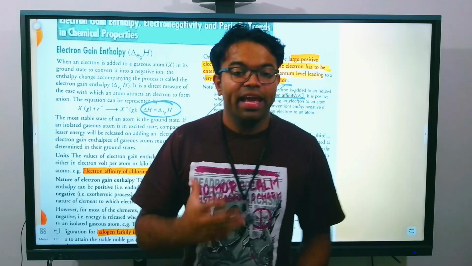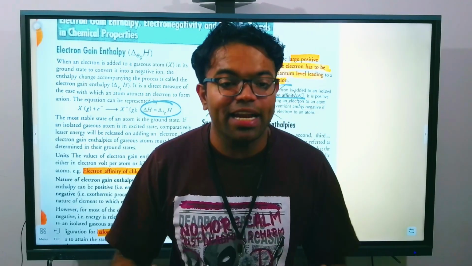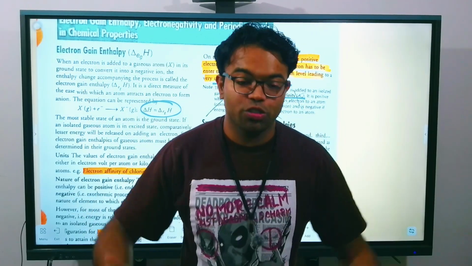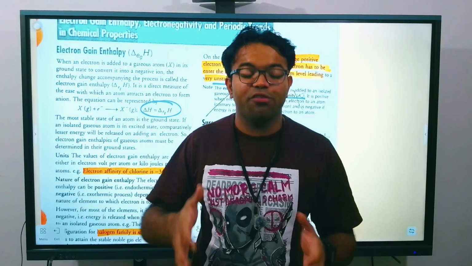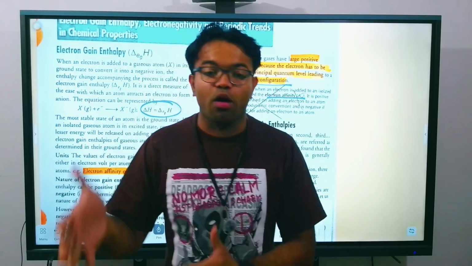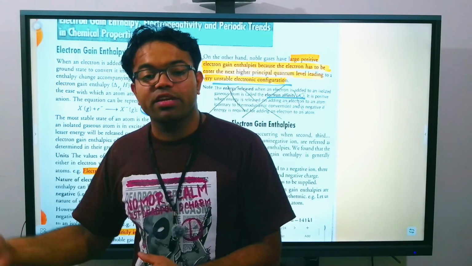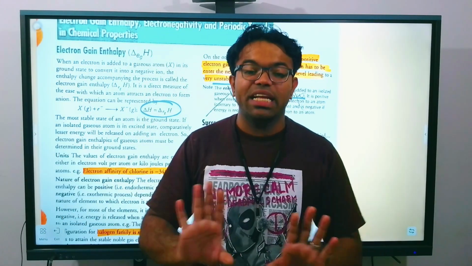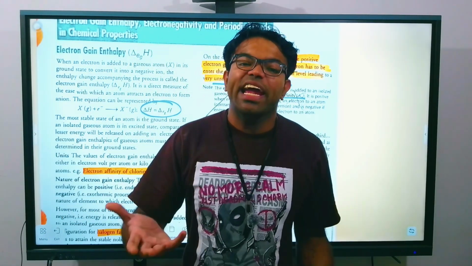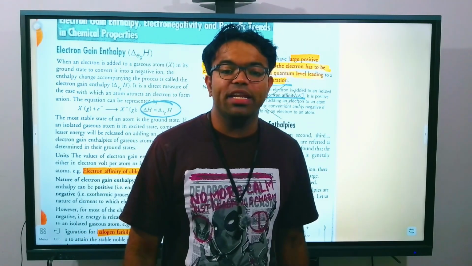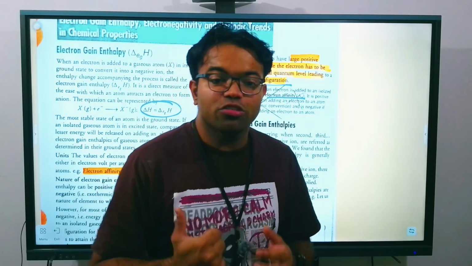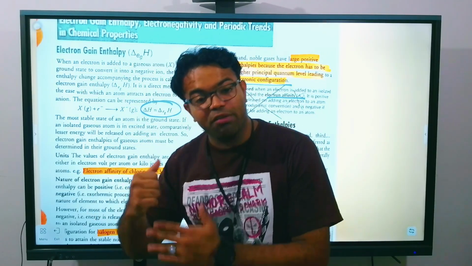Similarly, if adding an electron requires external energy, if it is endothermic, if delta H is positive, then electron affinity will be negative because it does not like that electron. There is no affinity between the electron and the atom. So it will have negative affinity.